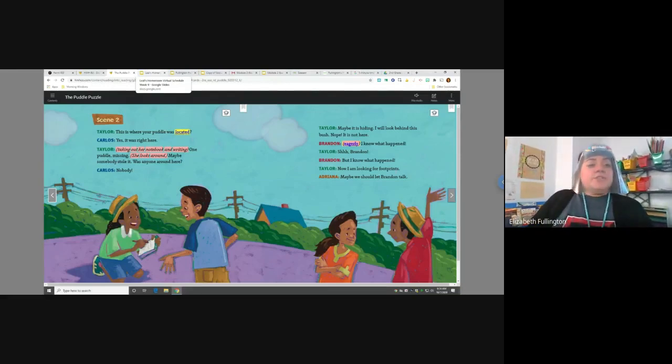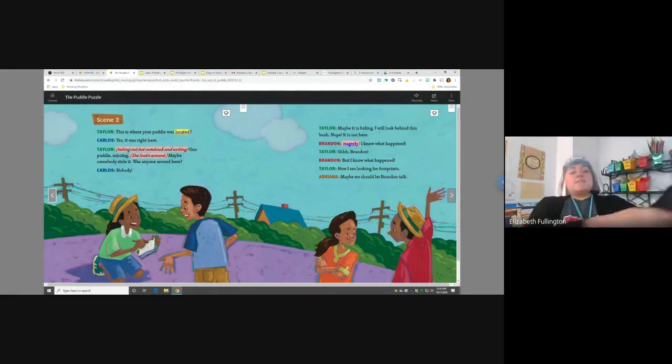Okay, so we're at 220, which is scene 2. And so we're going to re-listen and reread this page. Are you ready?